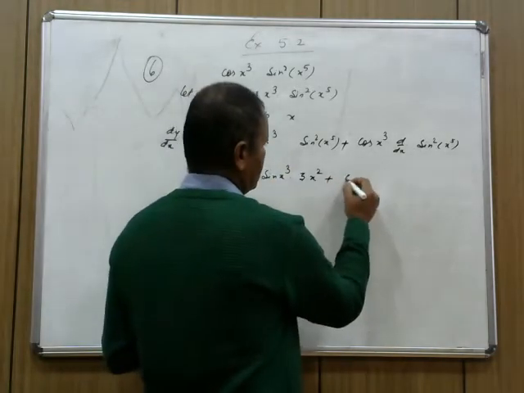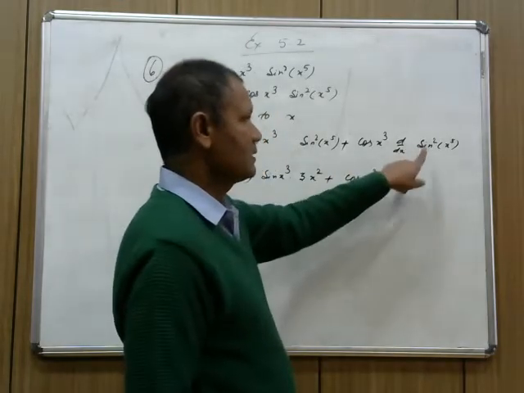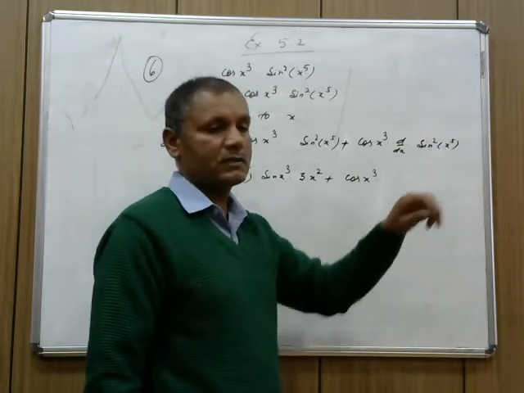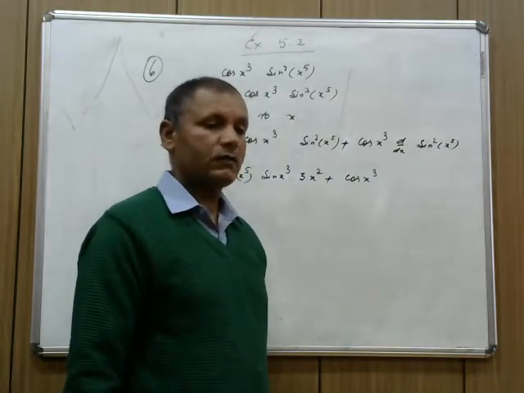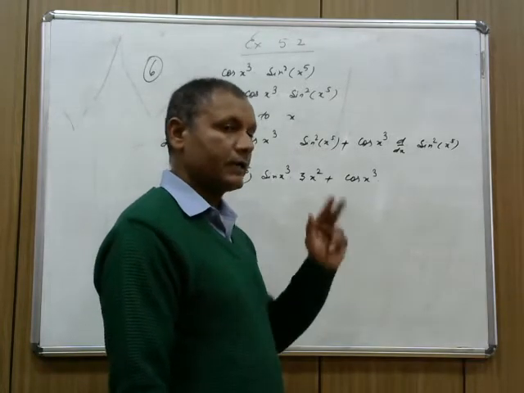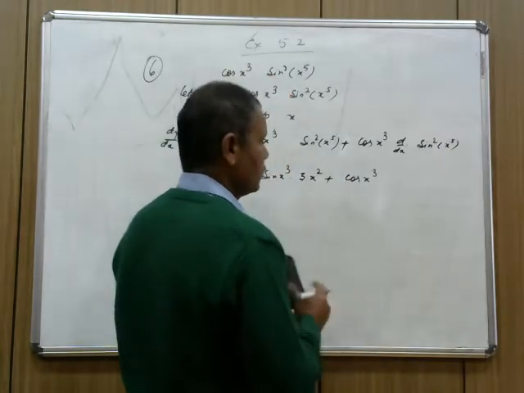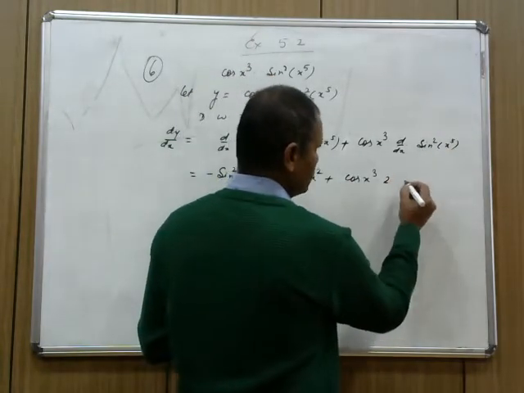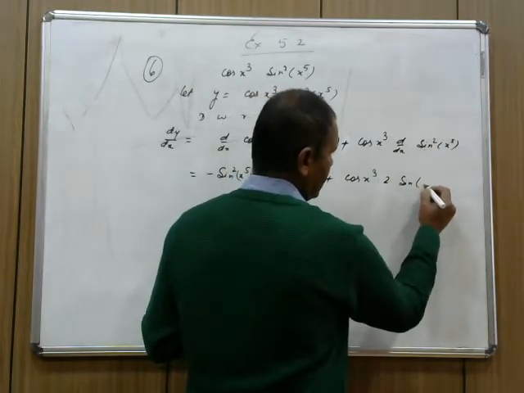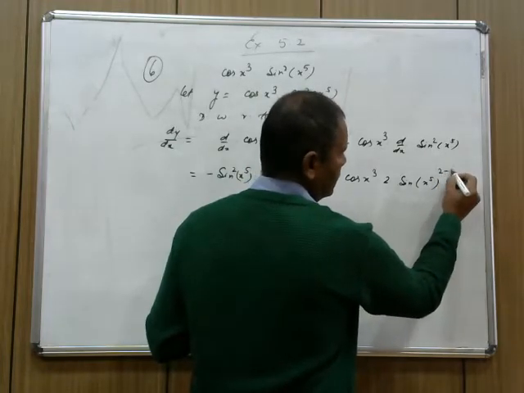Plus cos x cube into differentiation of sin square x to the power 5. Here it's sin square x to the power 5, not sin x to the power 5. That means first of all we have to apply the formula x to the power n, that is sin x to the power 5 whole to the power 2. That is 2 into sin x to the power 5 whole to the power 2 minus 1, right?